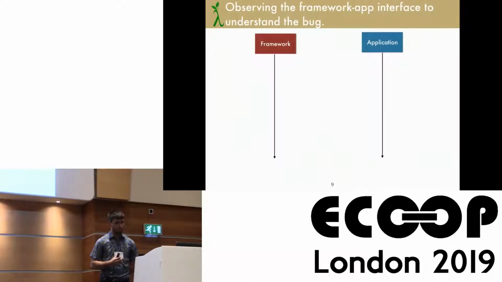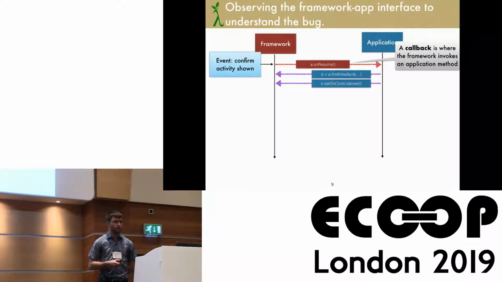So we have two components in this system. We have the application and we have the framework that are communicating. Some event happens in the real world that causes this confirmation dialog to be shown. The framework will invoke a callback on the application, transferring control flow.